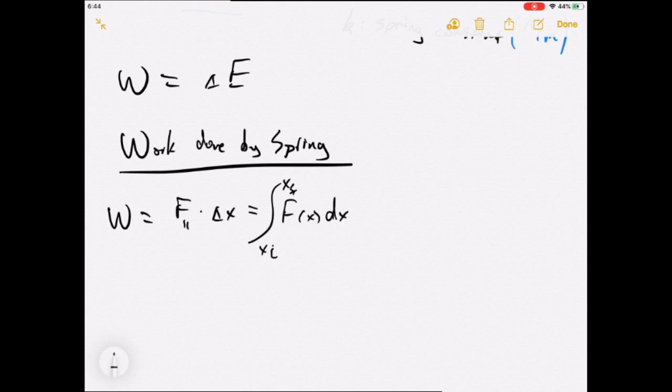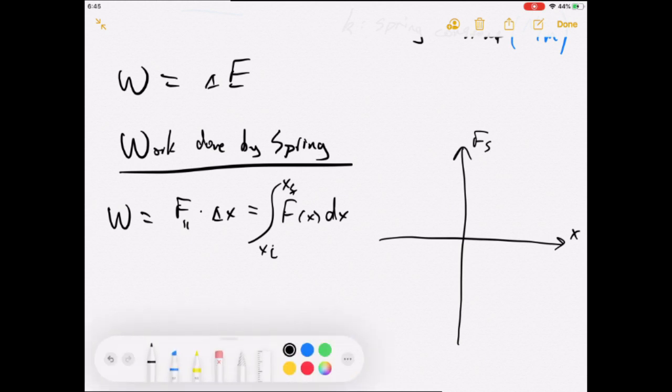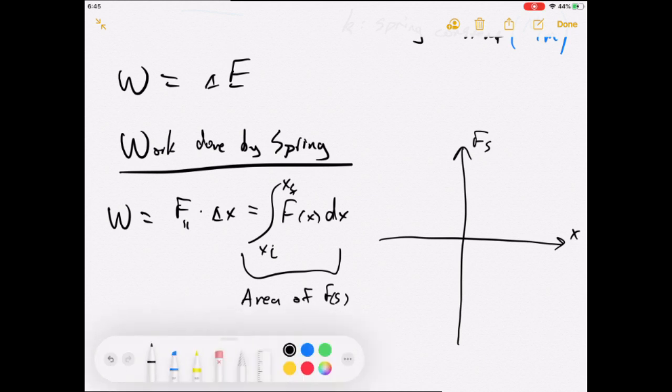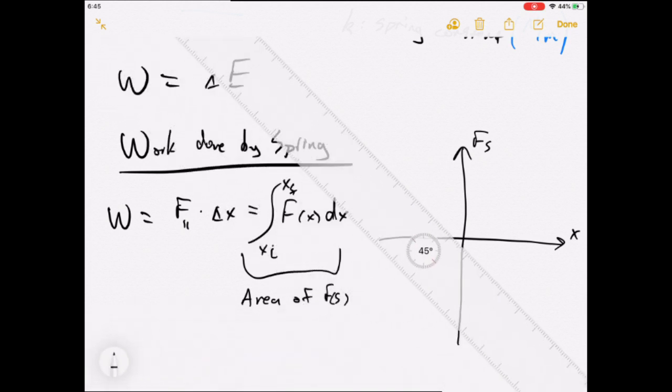Okay, how does that help us? Well, you could plug the spring force in here and actually do the integral, but if we just plot this, there's x, and there's the spring force, and if you recall, or if you will trust me, that this quantity is an area, then we'll actually be able to derive this pretty quickly.